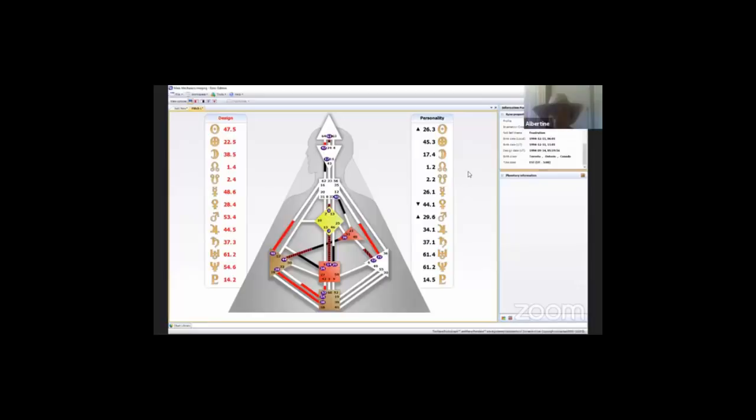Yeah. The type of leadership that I see in his design has initiative qualities to it, but it's also to maintain a sense of peace and harmony within the group. So he could be approaching that by being reserved and not wanting to rock the boat and step on anybody's toes.